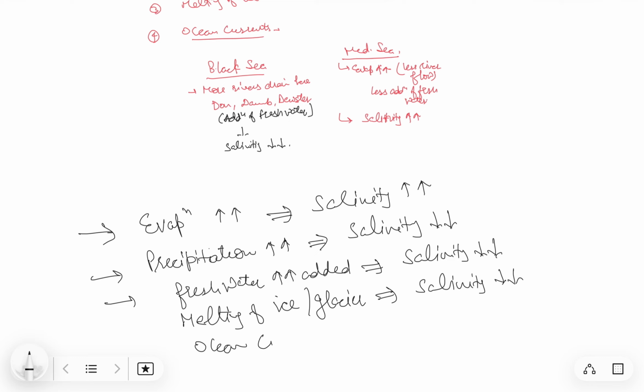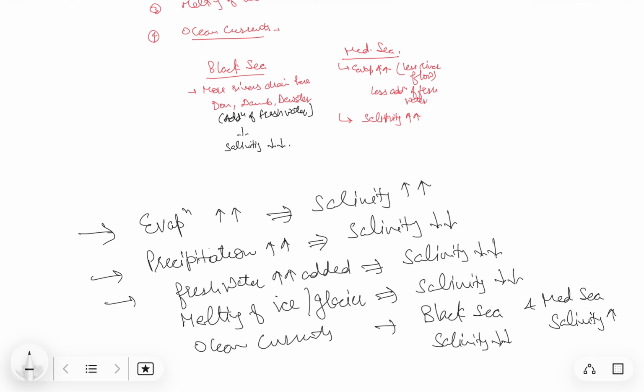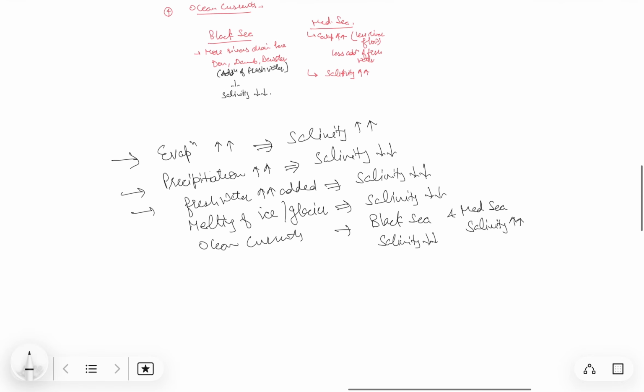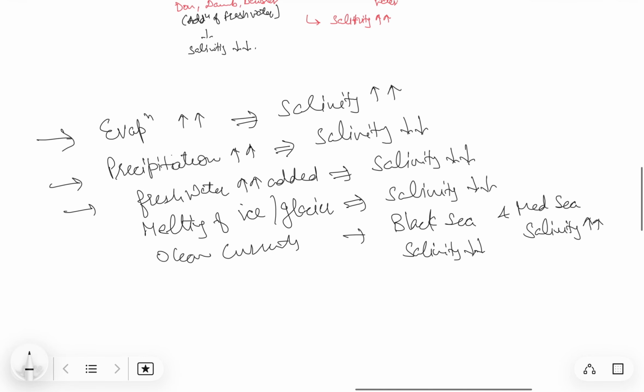And oceanic currents depend upon the location, whether they are adding or removing salinity. In the case of the Black Sea, salinity will be less, and in the case of the Mediterranean Sea, salinity will be high. So these are the factors responsible for the differences in salinity in the ocean.